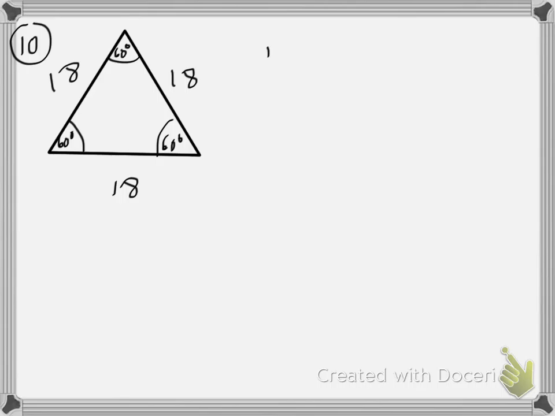So we want the area. The area of a triangle is half the base times the height. Now, let's just draw the height in. The height would go from here to here and be a right angle. I don't like how straight I drew it, so I'm going to put it in there in red. Let's go from here straight down.